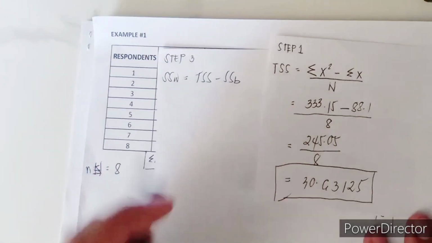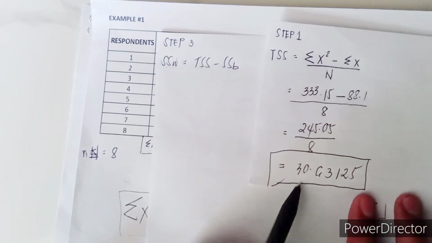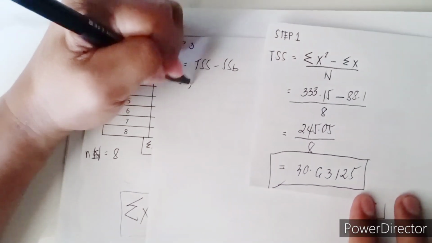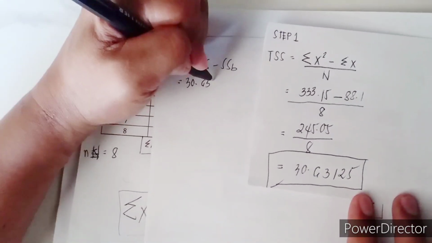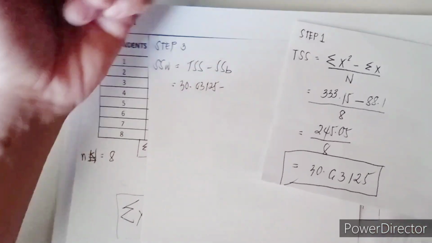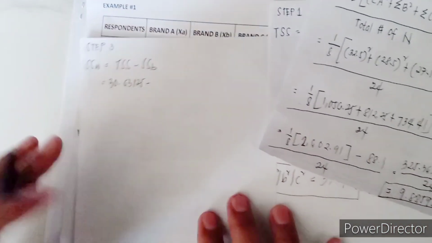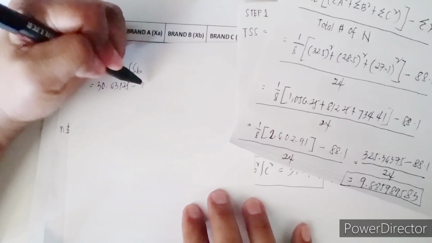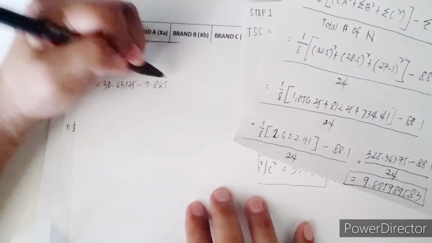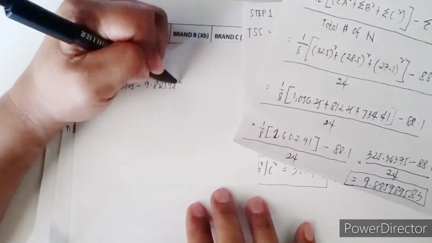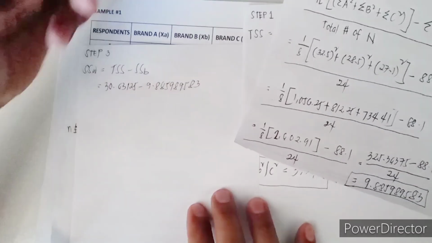Our step 1 is equal to our TSS, equal to 30.63125 minus SSB. Sinusulat po natin lahat dahil gusto po naming accurate. 9.885989583. Okay?